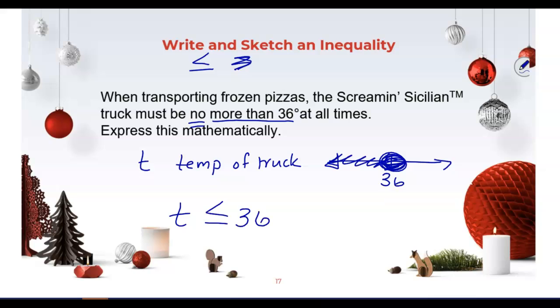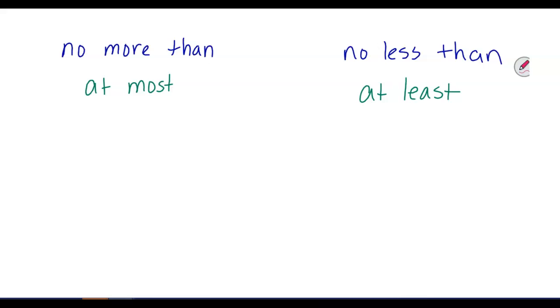Take your time on these. Slow down whenever you have applications. These are just a few of the words that can get you caught off: no more than and at most. Let's think about $5 in your pocket. If you have no more than $5 in your pocket, that means I can't have more than 5, so I have less than or equal to $5.